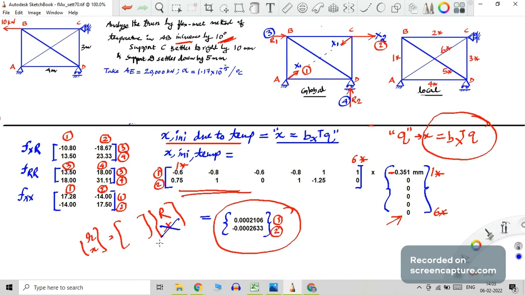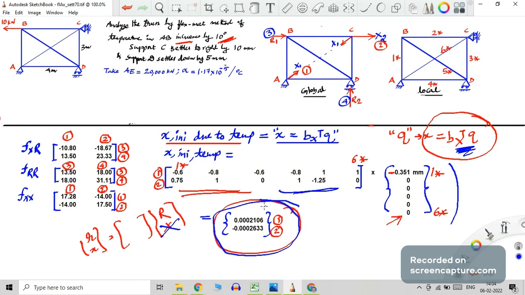But here we have directly taken the property of the structure, the Bx transpose q equation. The structure has not been manipulated. All six members are coming in this equation, Bx transpose also has all six members. Nothing we have removed, so no need to modify this. Keep it as it is in the solution.